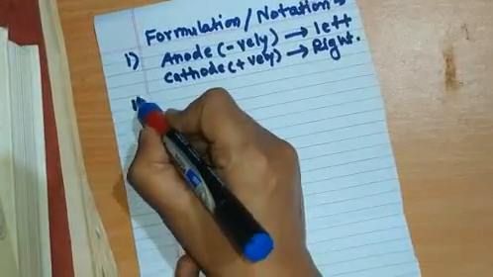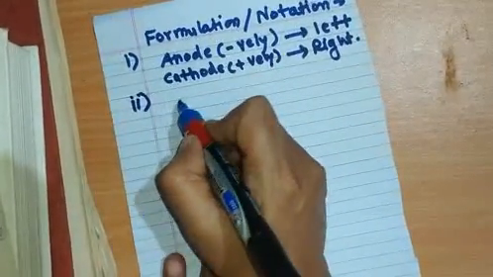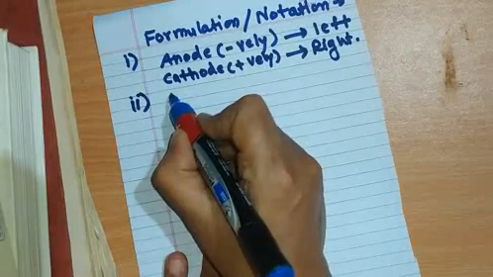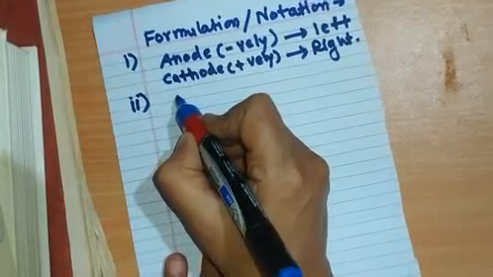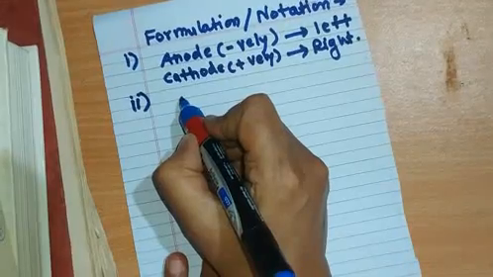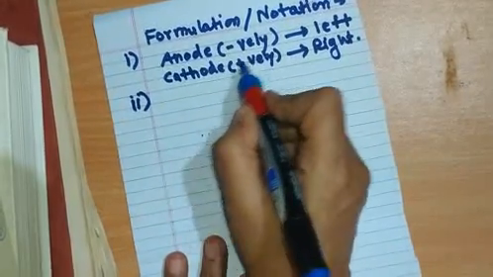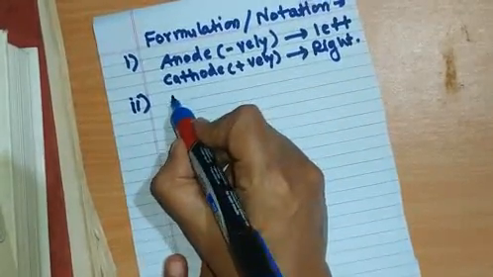Then, if there are insoluble species or gases in the cell, they are put exactly adjacent to the electrodes.